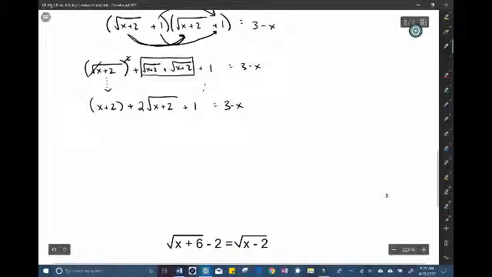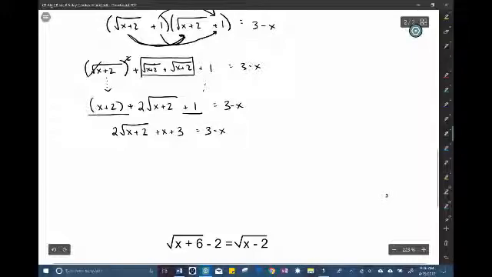So let's combine the like terms, the plus 1 and the x plus 2, and we'll just write the radical out front. We would have 2 radical x plus 2. 1 plus 2 is 3, and x, so plus x plus 3 is equal to 3 minus x.